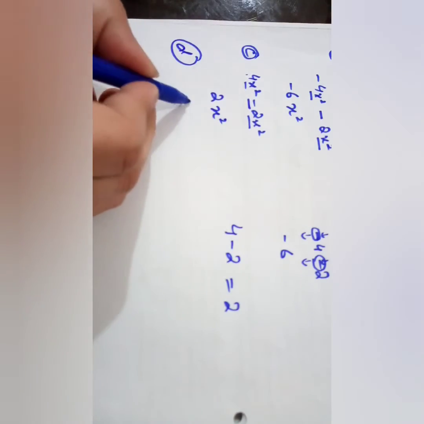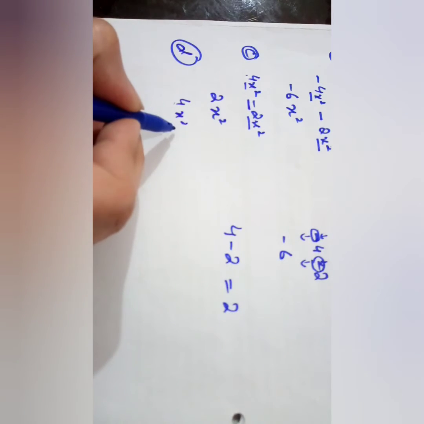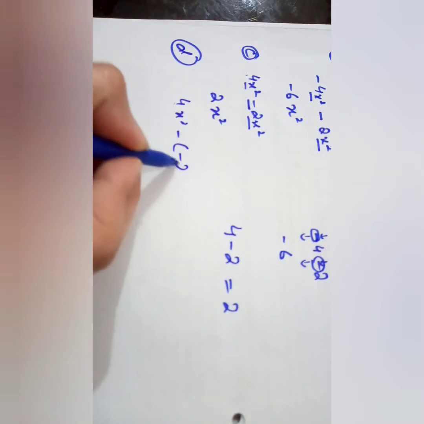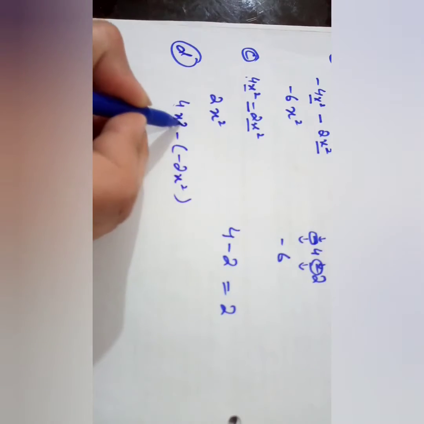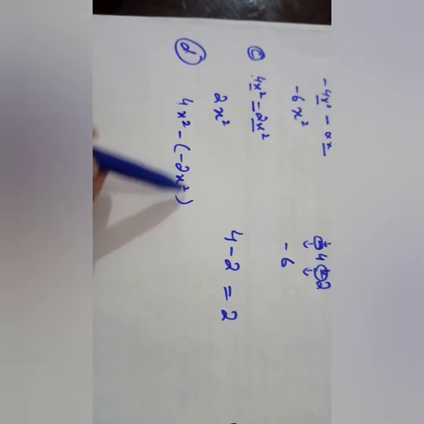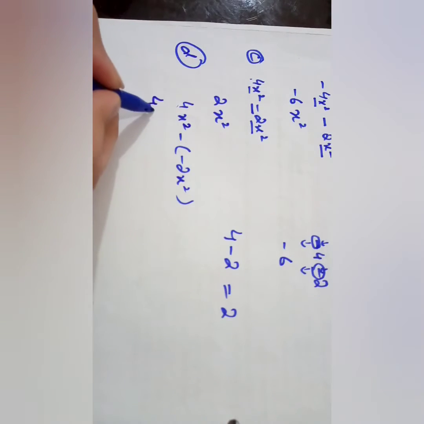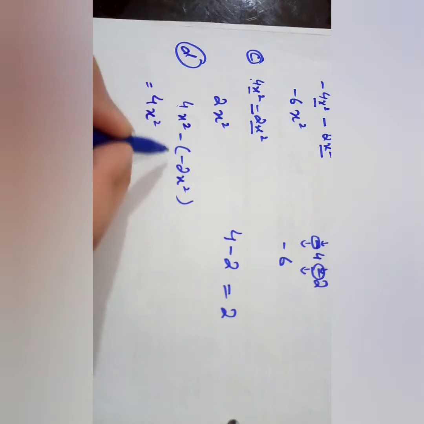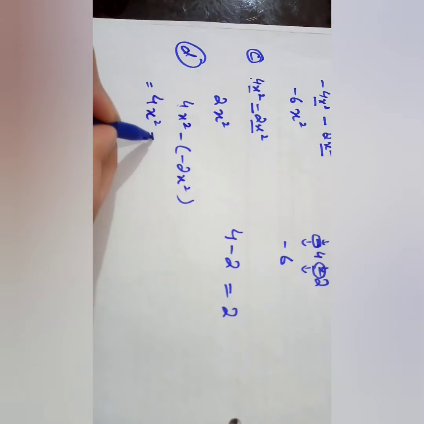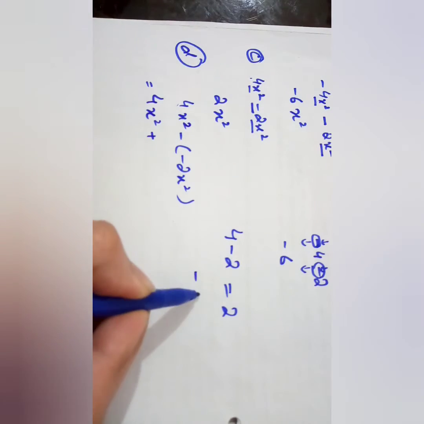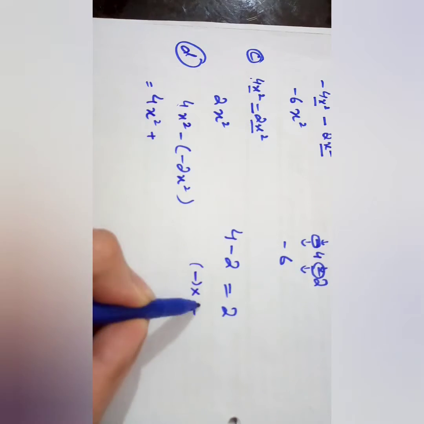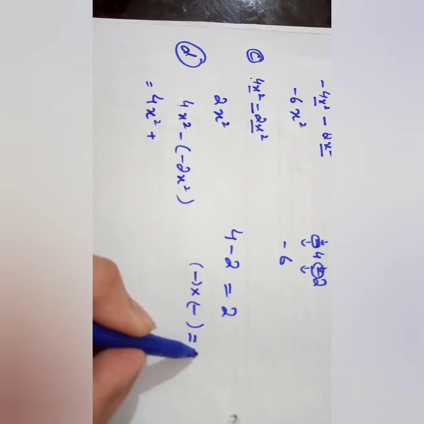Part D. In part D we have 4x squared minus bracket minus 2x squared. Now students, again notice that we have the bracket. Whenever there is a bracket in the expression, first we solve the bracket. So solve the bracket. 4x squared minus minus plus. In multiplication, when two minus are going to multiply each other, the sign will become plus.